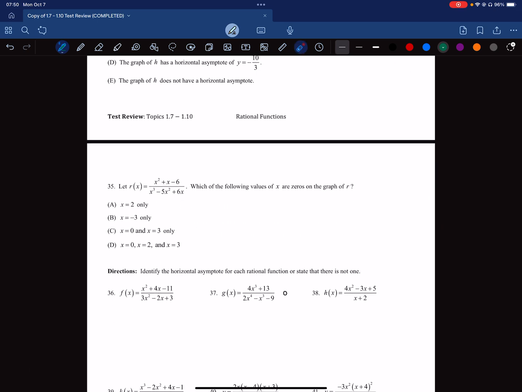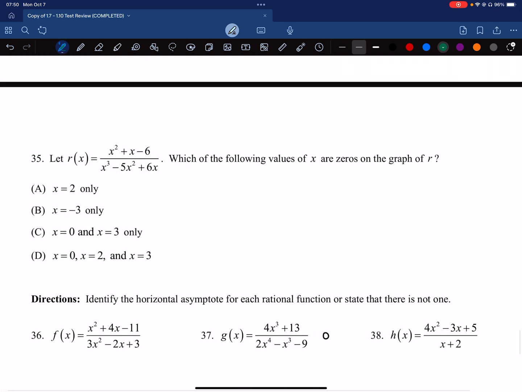Remember that in order to be a 0, you would have to set just the top equal to 0. So when you're looking for zeros, you want the top, but you need to factor first and make sure there's no holes. Okay, make sure there's no holes, and then anything left on top, you'll set equal to 0.